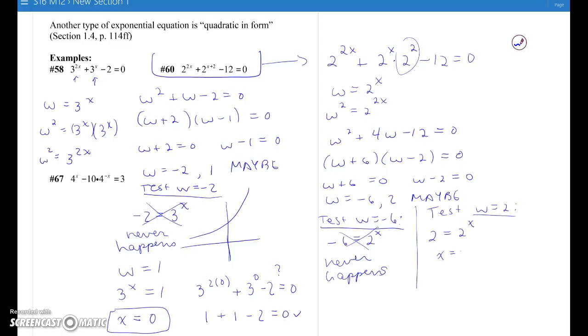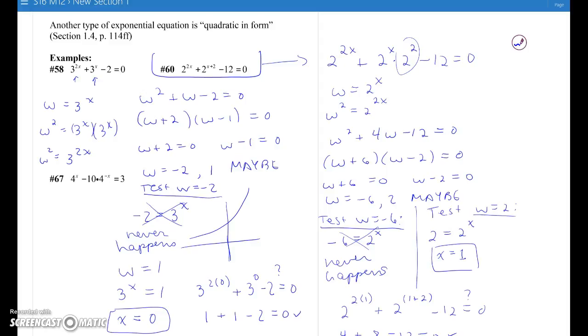Well, I can see that x would be 1 then. So let me check and see if 2 to the 2 times 1 plus 2 to the 1 plus 2 minus 12, does that equal 0? Looks like 4 plus 8 minus 12. Yep, it works. So I feel good about my answer of x equals 1.